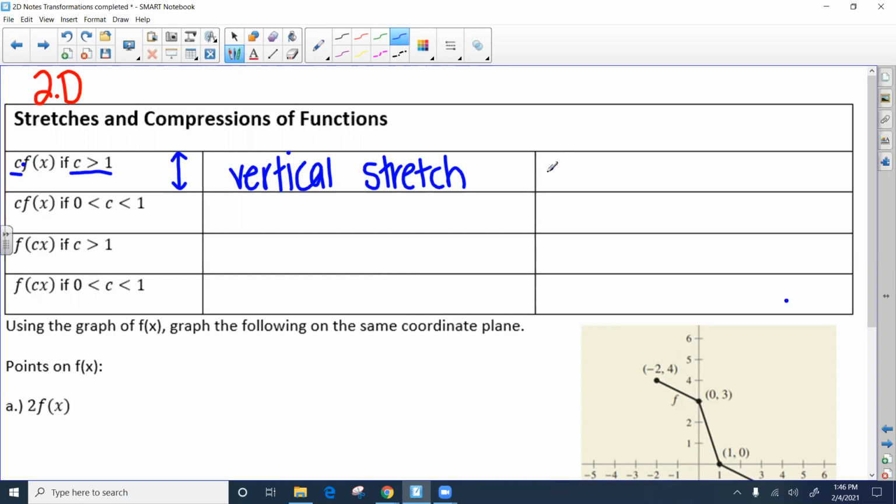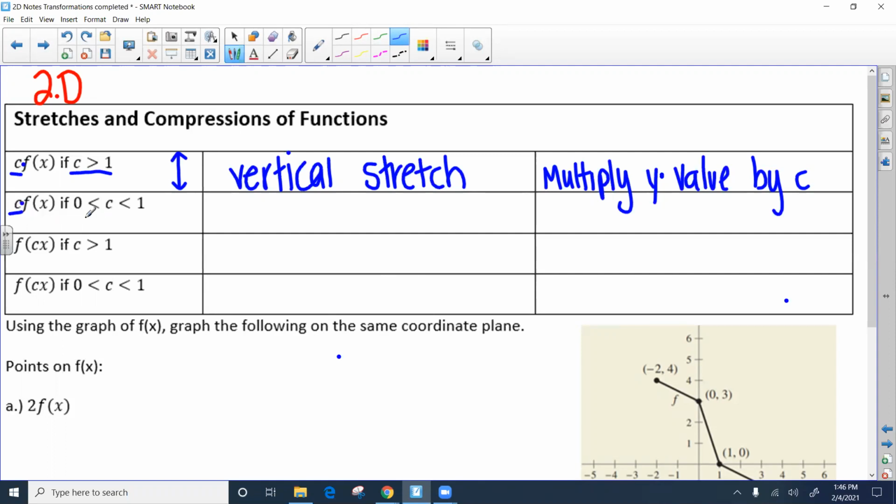So the operation we would do here is we would multiply the Y value by C. And since C is a number greater than 1, it's going to make the Y values bigger, a vertical stretch.